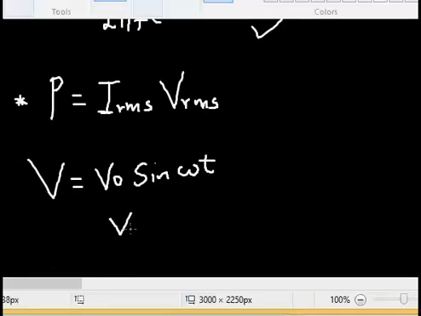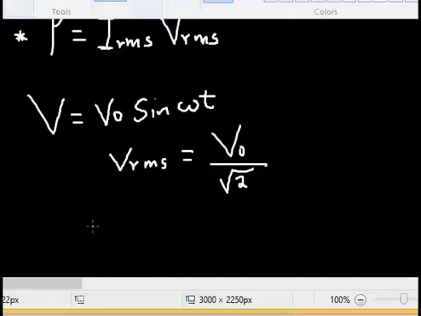Remember VRMS is always given as V0 all over the square root of 2.